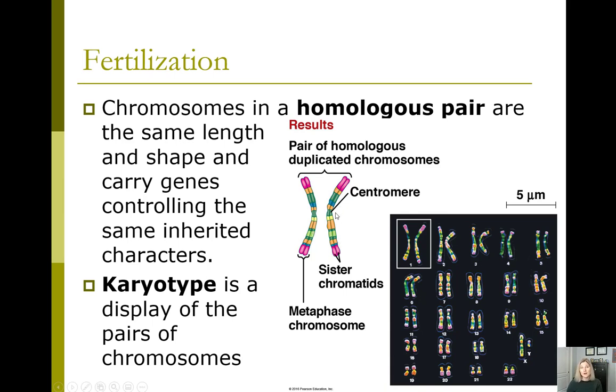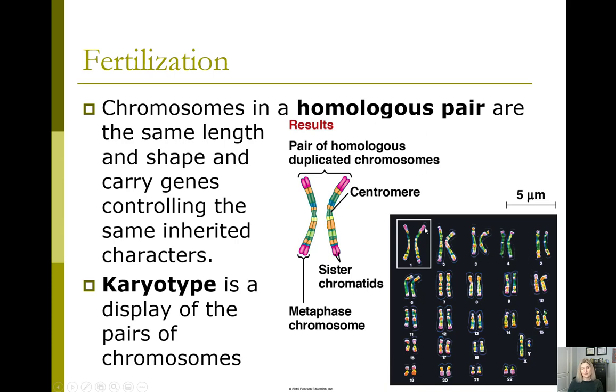So you have two copies of every gene. You got one from mom on that homologous chromosome. You got the other from dad from that chromosome. So you have basically a pair of homologous chromosomes. Chromosomes that are basically the same length and carry the same genes are considered homologous.